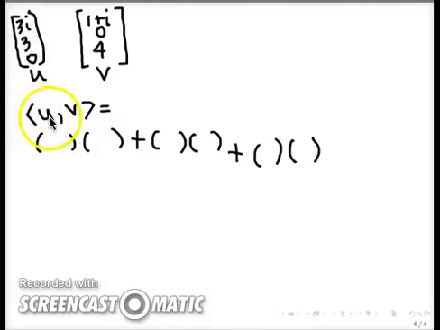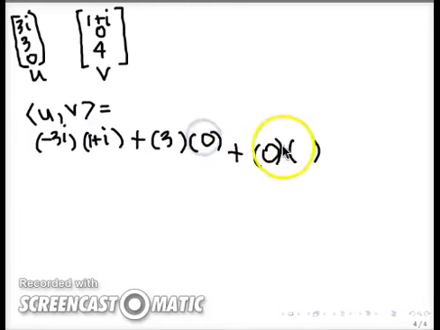The conjugate of 3i is minus 3i, the conjugate of 3 is 3, that has a 0 imaginary part, and the conjugate of 0 is 0. Okay, that was easy. Now we multiply by these entries: minus 3i multiplies 1 plus i, then 3 multiplies 0, and then 0 multiplies 4.